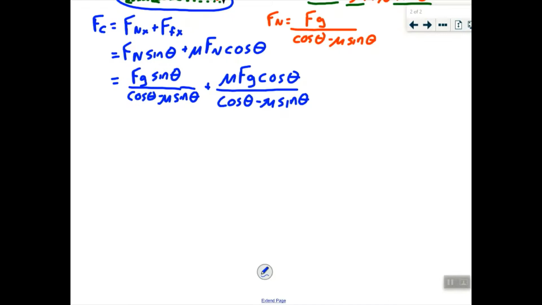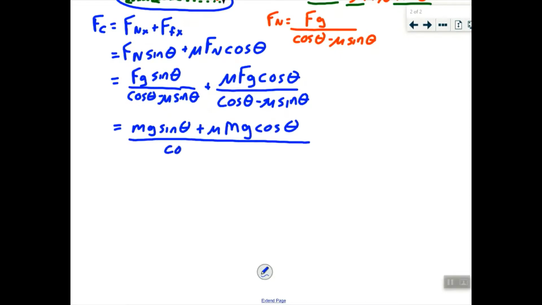We have to replace Fg with mg. And here's how we end up on the right side. We've got mg sine theta. And by the way, the denominator is the same on both sides here, so we can add plus mu mg cos theta all over that common denominator of cos theta minus mu sine theta.